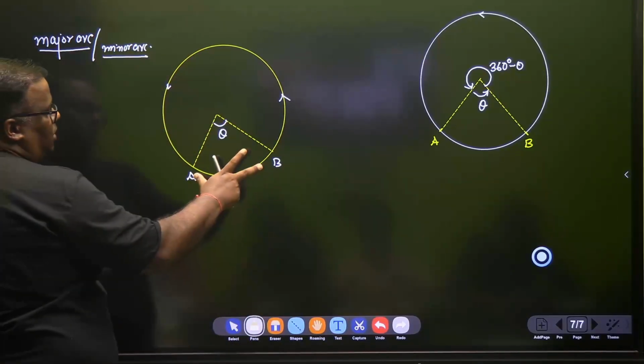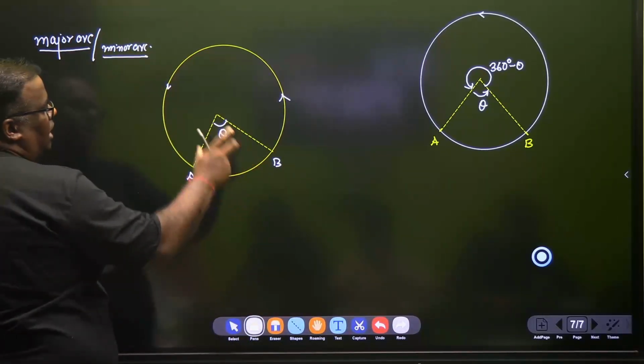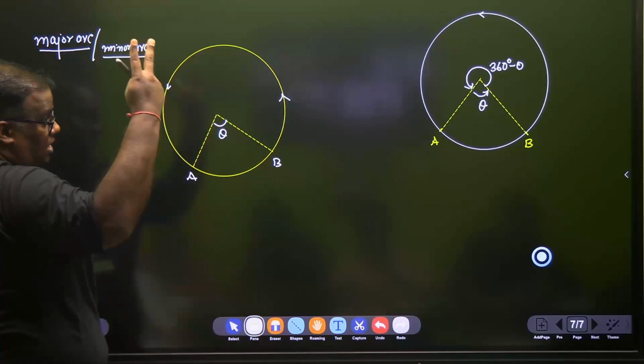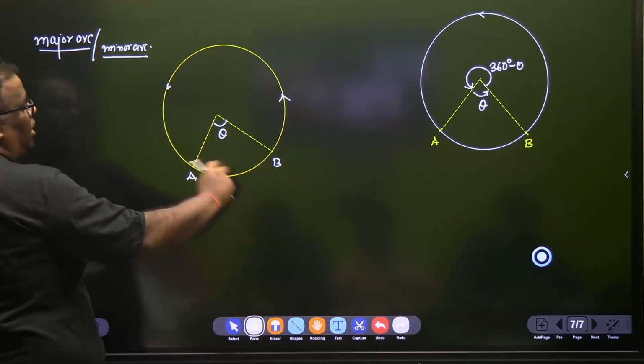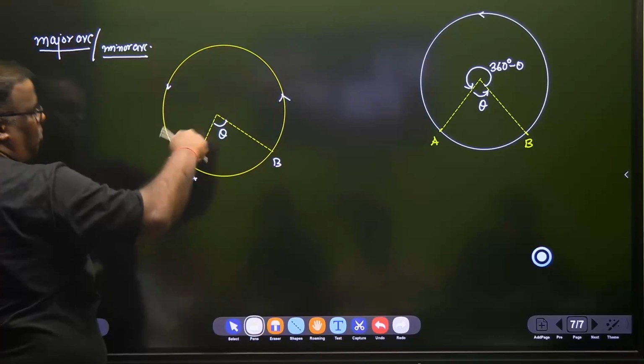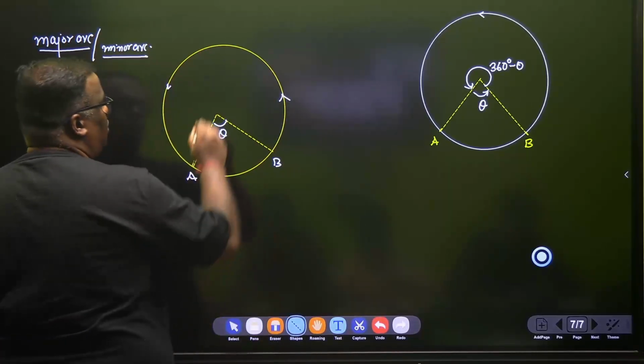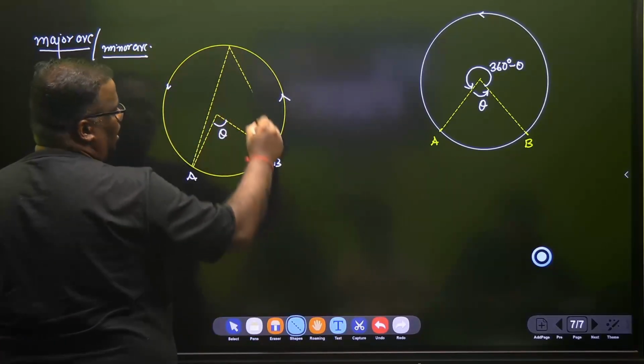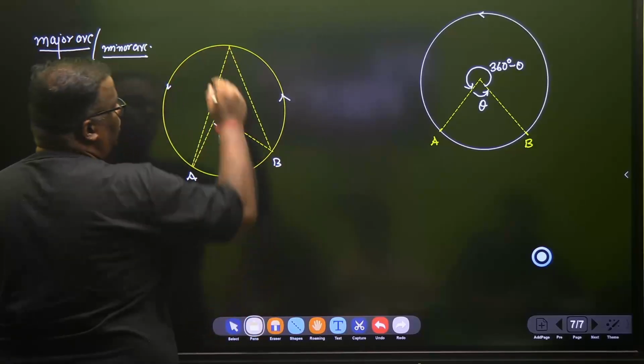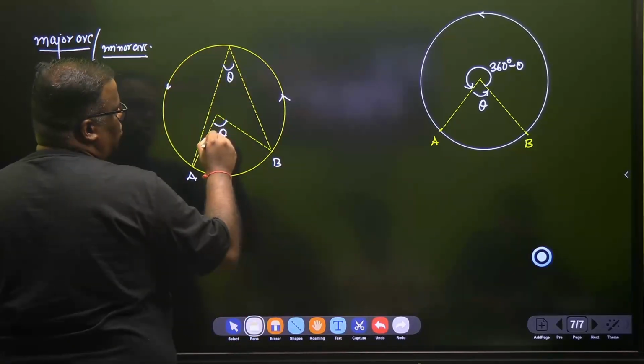Right? The angle subtended by an arc at the center is twice the angle subtended by the arc at any point on the remaining part of the circle. That means if I put any other angle, and if this angle is theta, this is 2 theta.